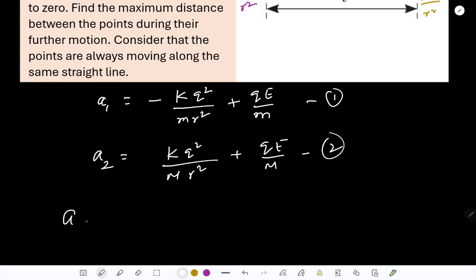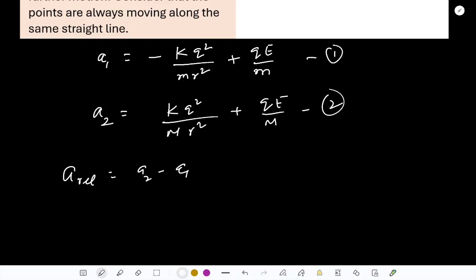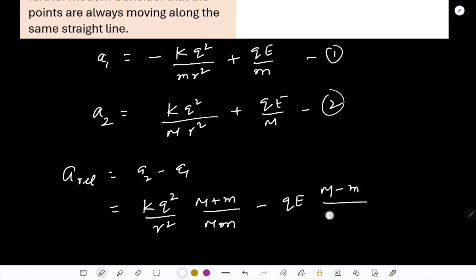You can find the relative acceleration simply as a2 minus a1, as if you have put your observer at the small mass m, and you will get a very good expression for this: kq square by r square, m plus M divided by mM, minus qE, M minus m upon mM.